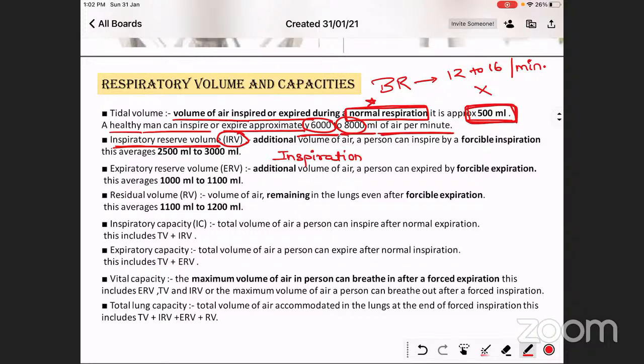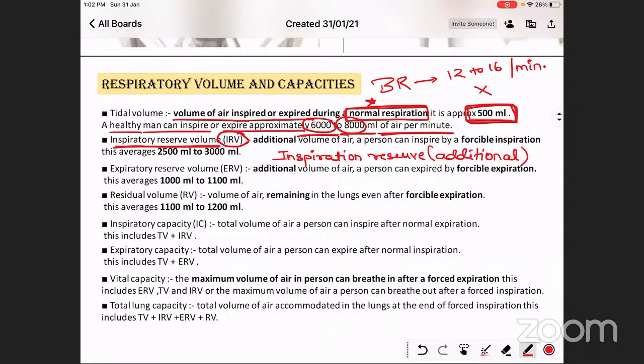Whenever we talk about a reserve, we mean something additional. In daily life, we keep something in reserve for extra use, additional use. So the first word is inspiration and the other word is reserve, or we can say additional or extra.